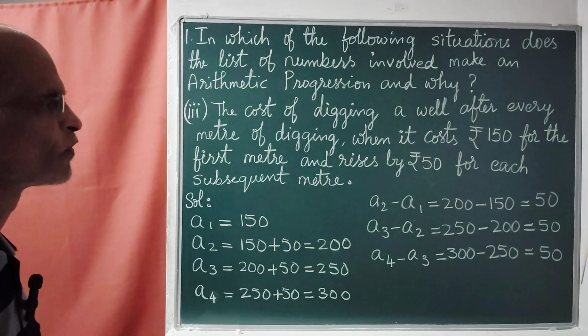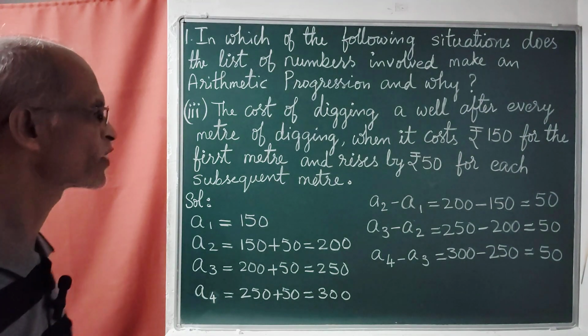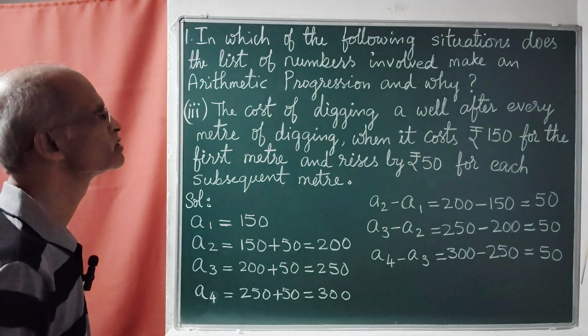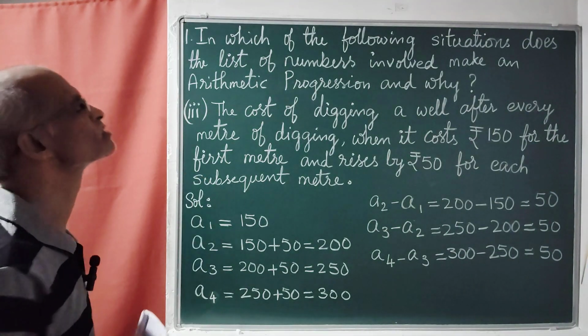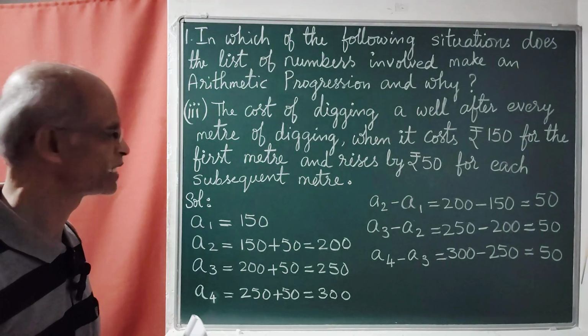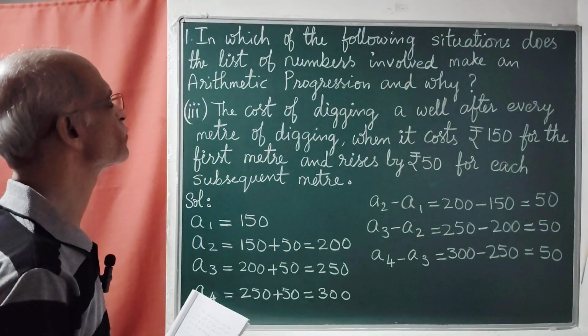So we find that there is a common difference between the terms. So the numbers involved in this are making an AP because there is a common difference.